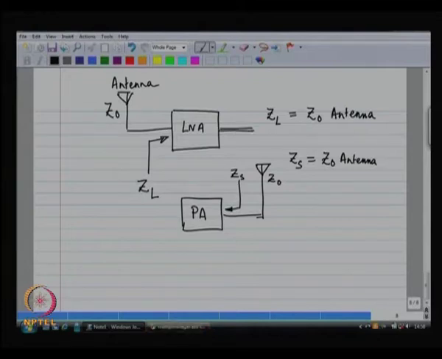What else? Suppose you have made the low noise amplifier, the next block is the mixer, and between the low noise amplifier and the mixer there has got to be a wire, right? What would you want to do? You would want to make sure that the output impedance of the low noise amplifier is equal to the characteristic impedance of the wire, which is equal to the input impedance of the mixer.